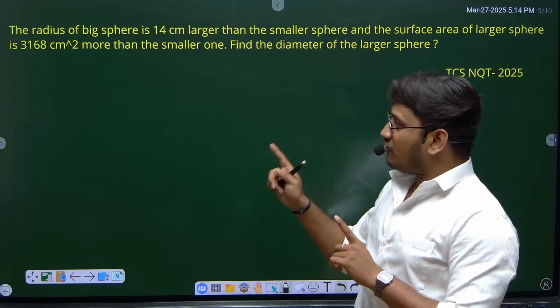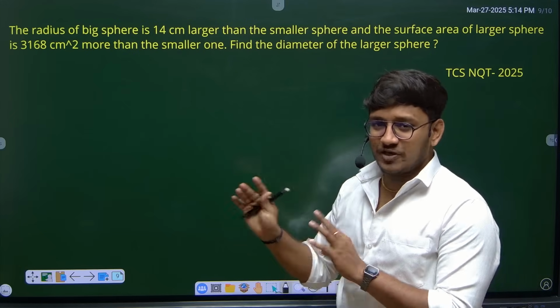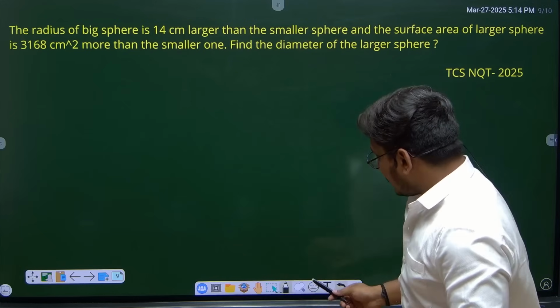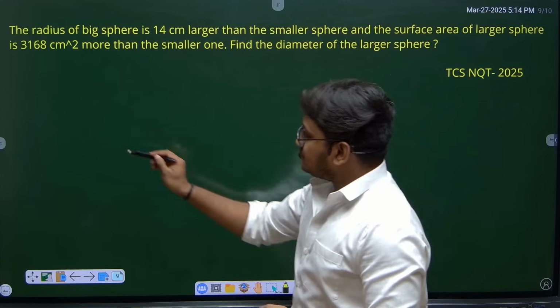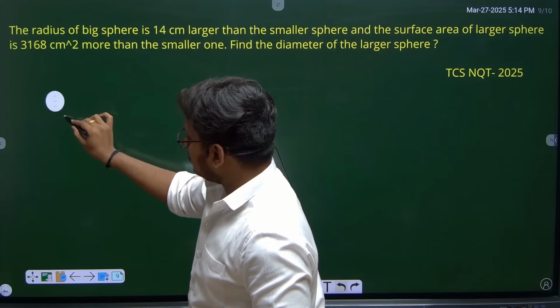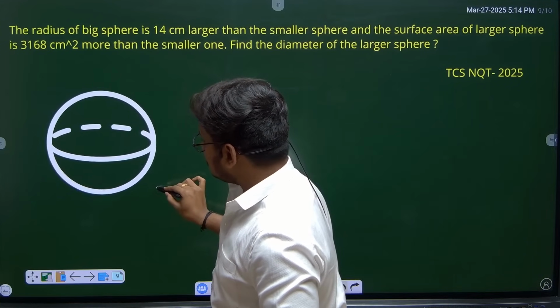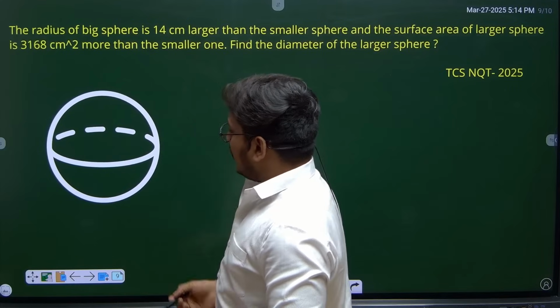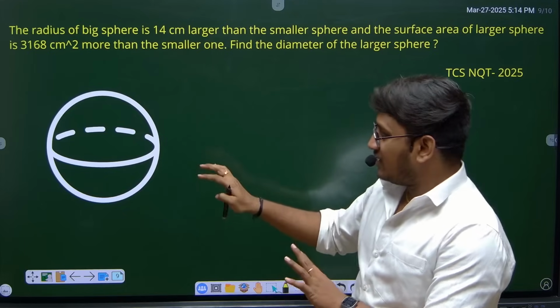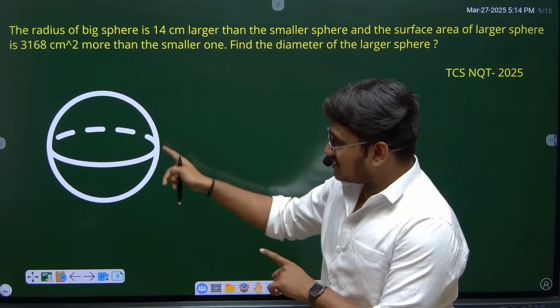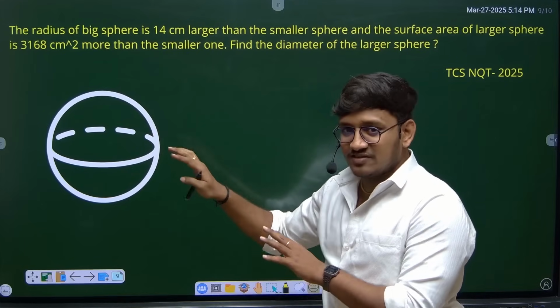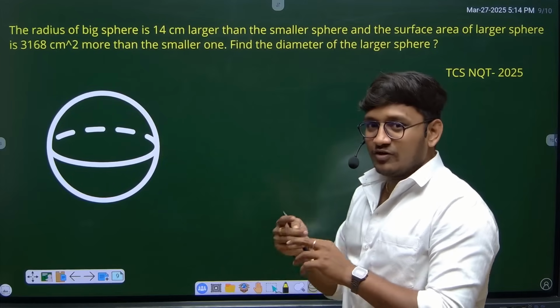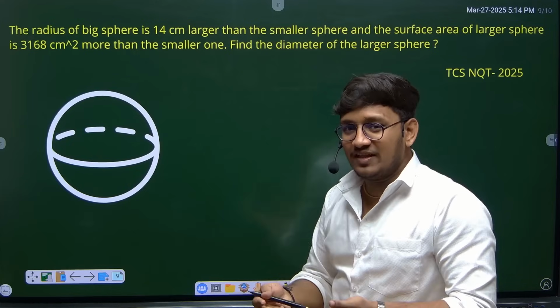So first, we should have a small idea about spheres. Okay, this is a sphere. For your better understanding, I have taken this 3D diagram. If I had taken a circle, you people might feel that it is a circle.